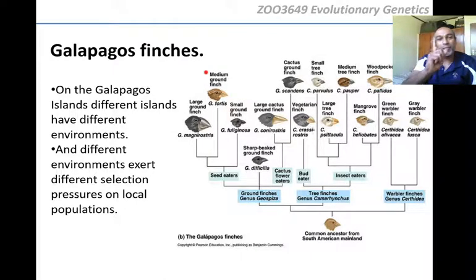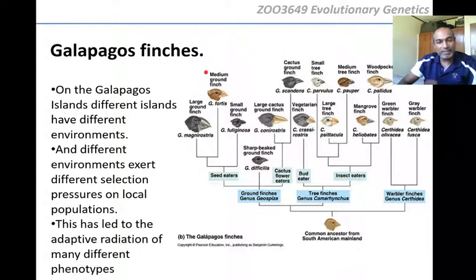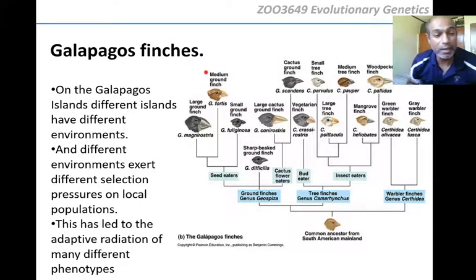Why? Because the environment of the islands are all different. Okay? And that is what led to what we call this adaptive radiation of many different phenotypes, all of them closely related to a common ancestor on the mainland.